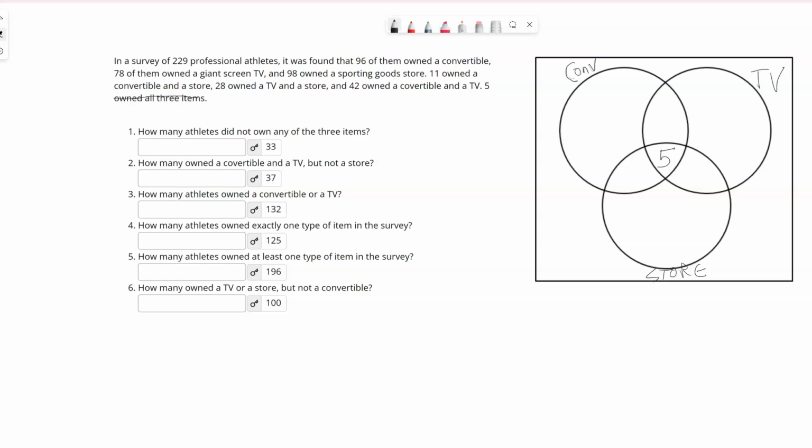So we're done with this. The previous one, 42 owned a convertible and a TV. So this statement, the convertible and TV, would be all of this region. Now we already have 5, so of the 42, 5 are already accounted for.